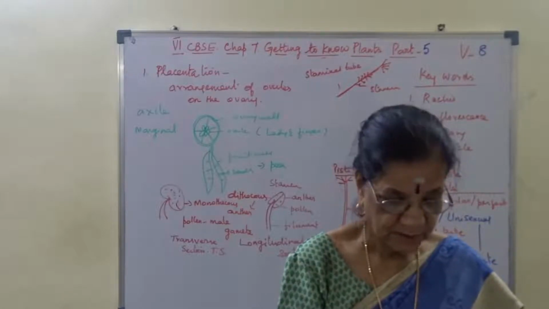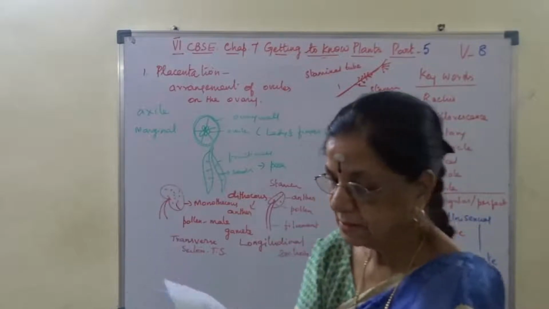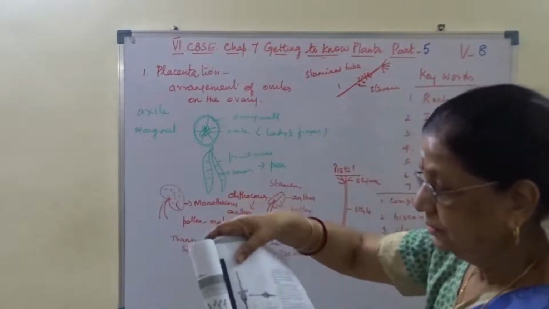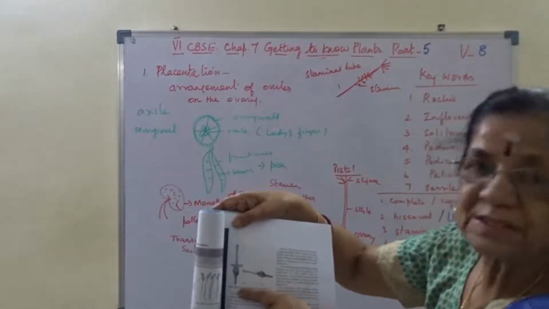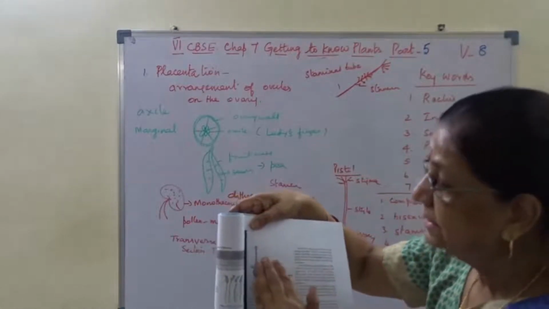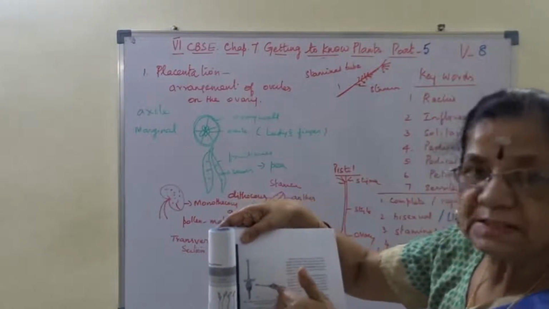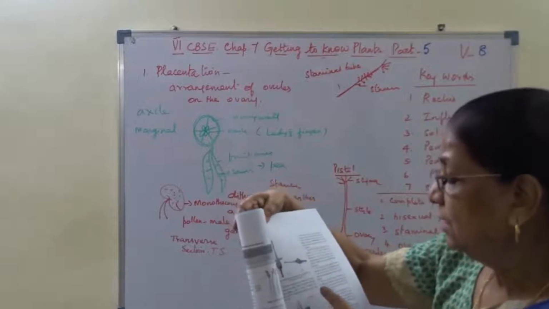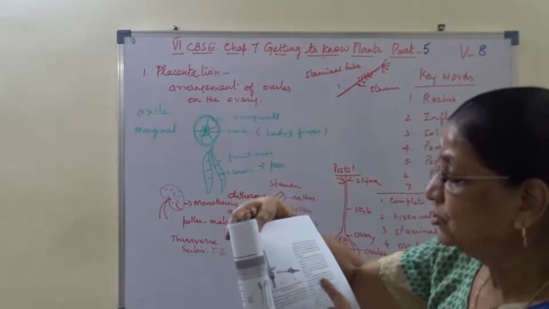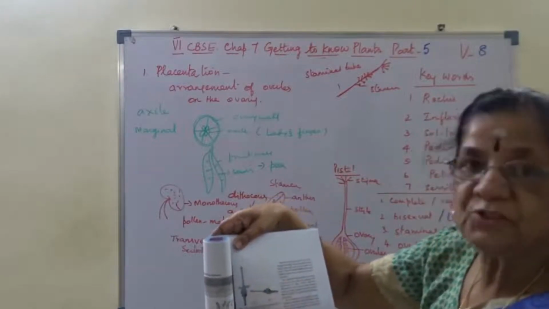One minute. See here, the ovary part is cut. So this is a whole pistil. When it is cut like this, the ovary வந்து இப்படி படுக்க வச்சிருக்கு and it is cutting like this. So this is called cutting on ovary, longitudinal cut and transverse section. So here இப்படி cut பண்ணா this is longitudinal.